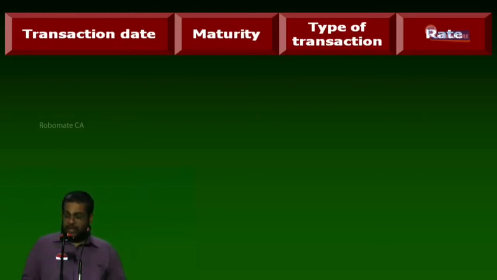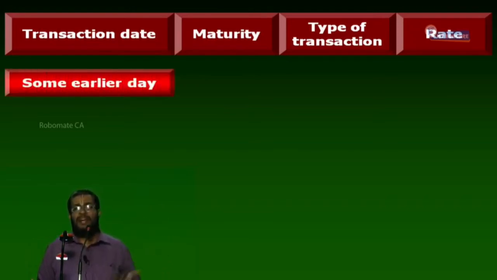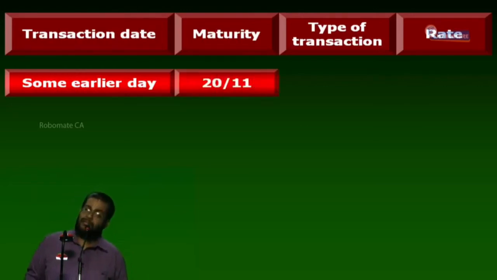Now, they did not say when I went to the bank. It is some earlier day, not long ago. Some earlier day I entered into a forward sell expiring on what date? 20th November.